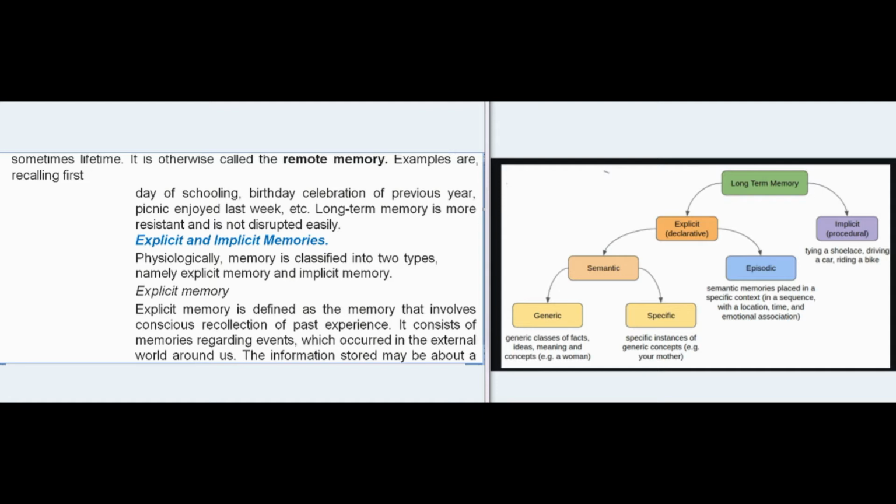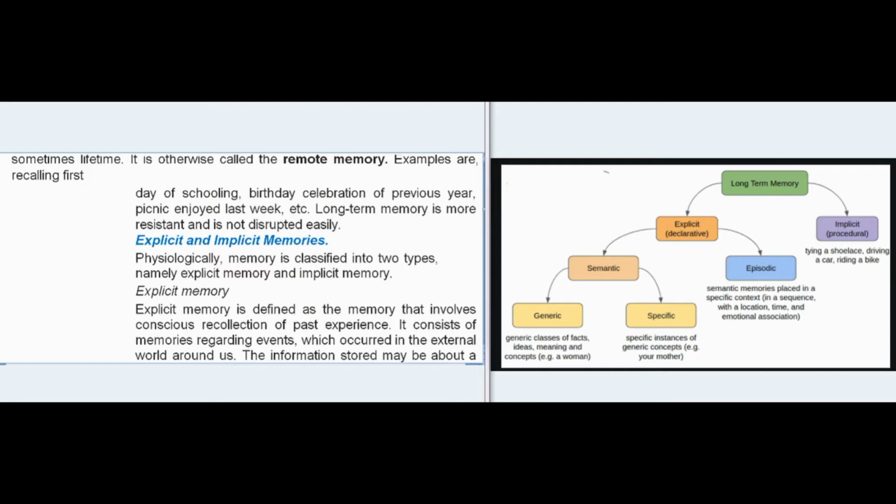Explicit and implicit memories. Physiologically, memory is classified into two types, namely explicit memory and implicit memory. Explicit memory is defined as the memory that involves conscious recollection of past experience. It consists of memories regarding events which occurred in the external world around us.